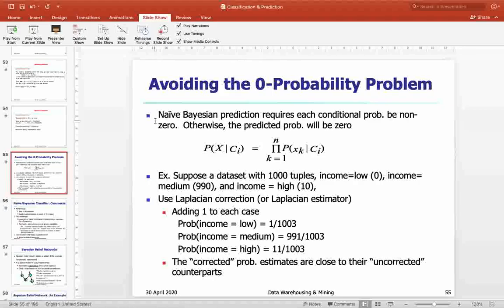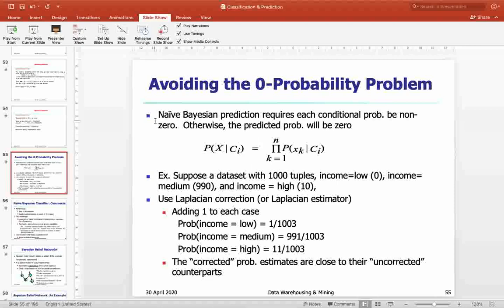So suppose we have, in our example, buys computer yes and buys computer no, and there is no training tuple for which the class label buys computer no is there.